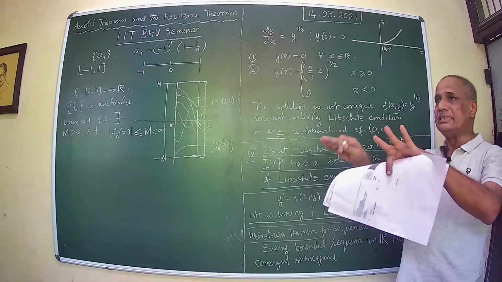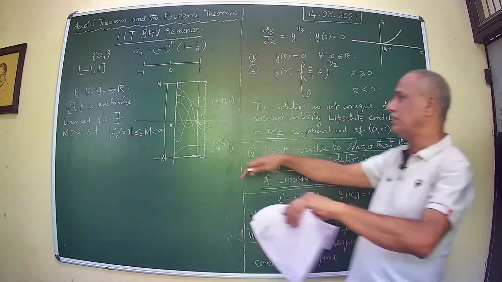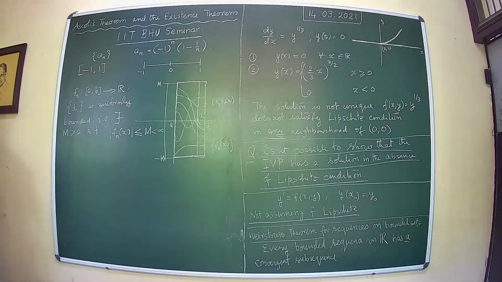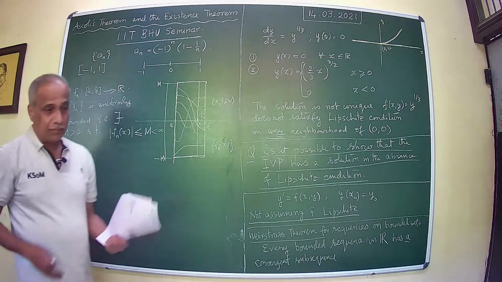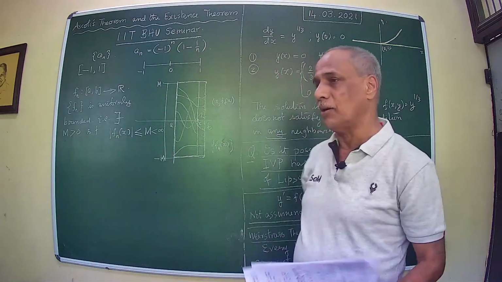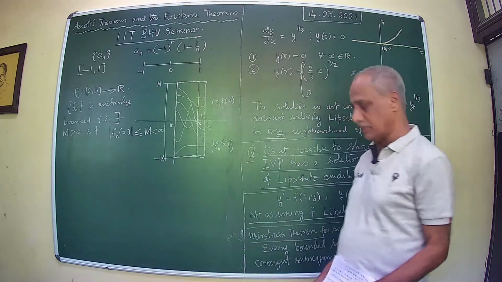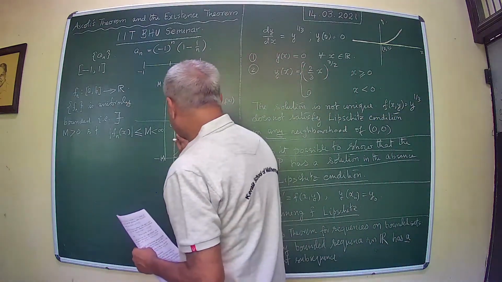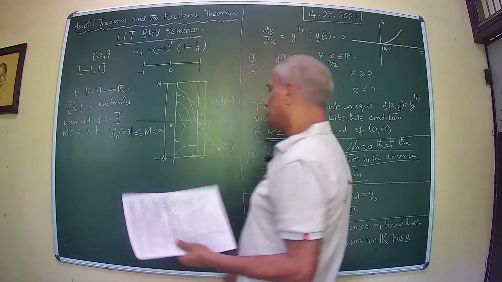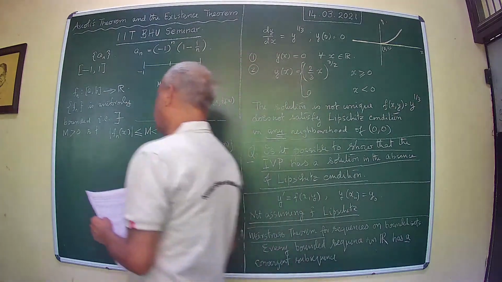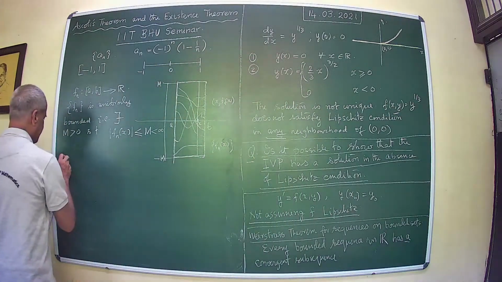Under what condition can you say that these subsequences which converge, that is clear, would sit together or stay together to form a continuous function? It is in this context that you need more than continuity of these functions. So you need a concept called equicontinuity.